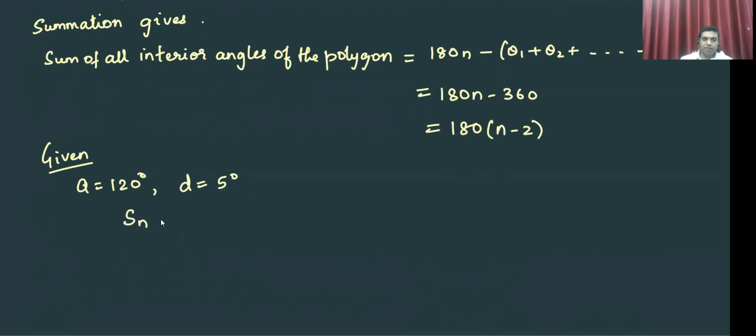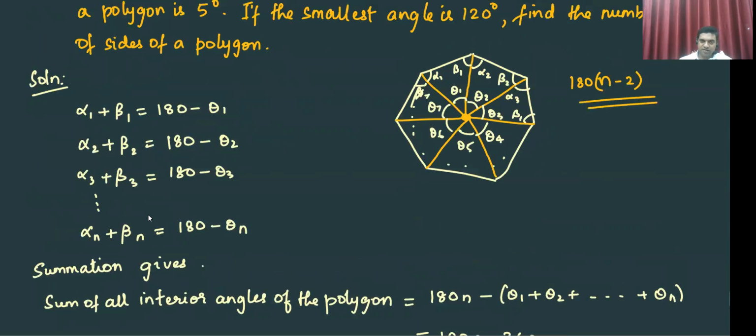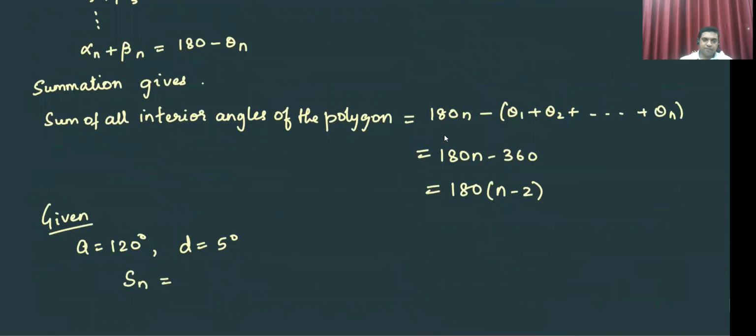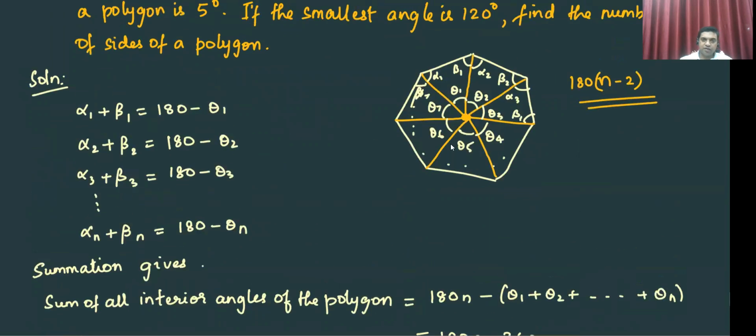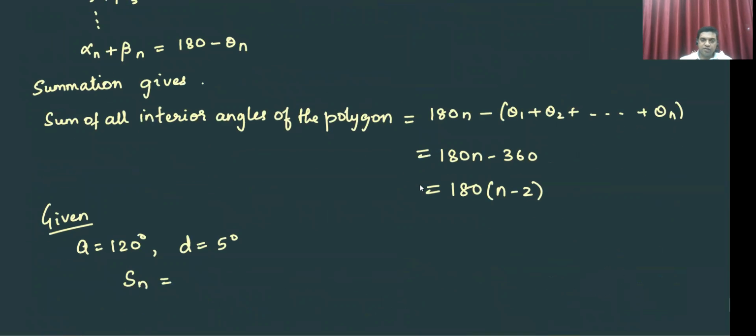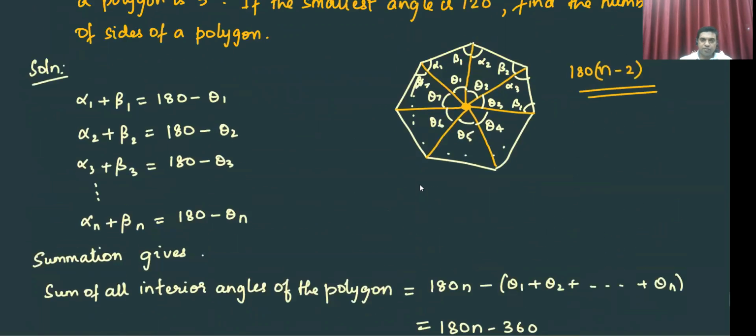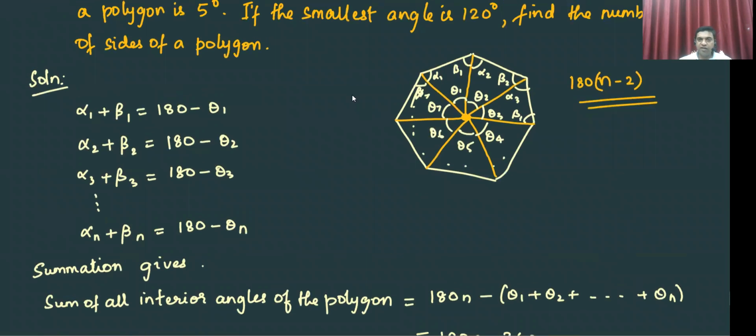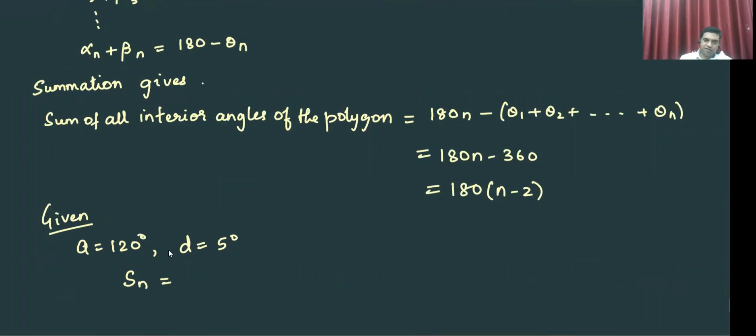And if there are 7 sides, n is equal to 7. How many interior angles will you have? 1, 2, 3, 4, 5, 6, 7. The number of interior angles will be the same as the number of sides.